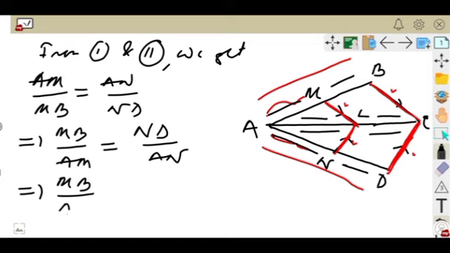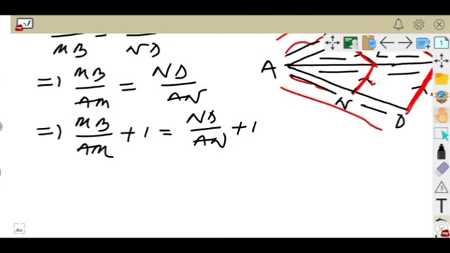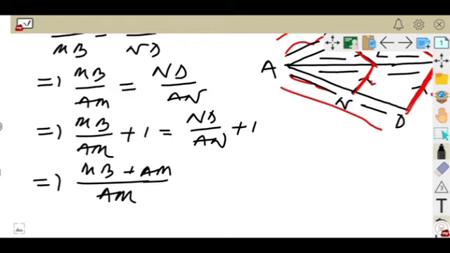MB by AM plus 1 equal to ND by AN plus 1. We'll take the LCM. I'm sure we'll be getting here AM, then MB plus AM, then here AN, then in numerator ND plus AN.